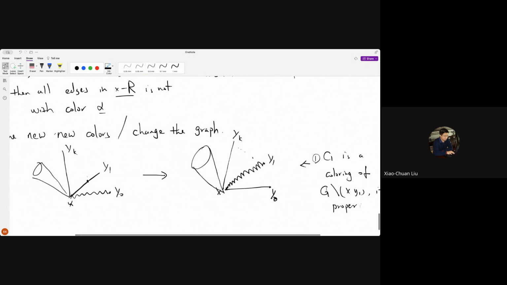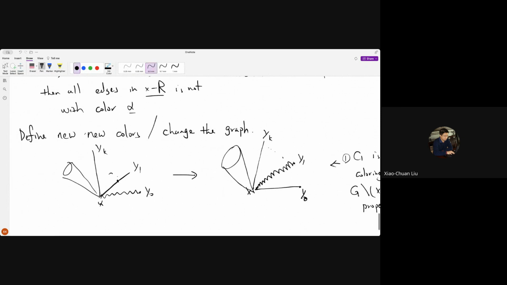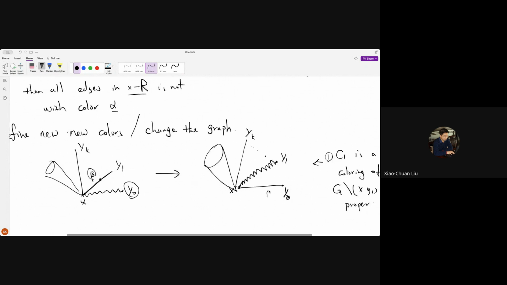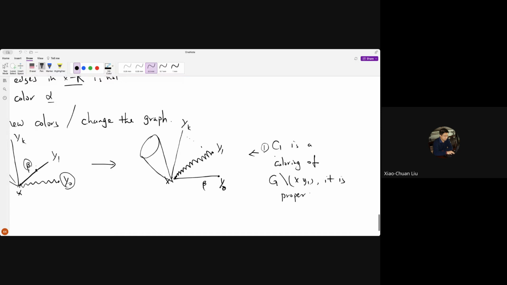Because this color beta is missed by y0. I put beta here, it doesn't matter because y0 has no other edges with this color beta. So I can do this. So this coloring C1 is still a proper coloring. This is a crucial fact.